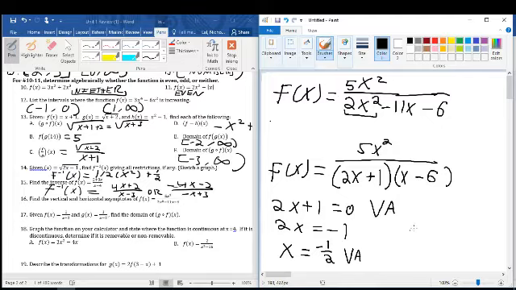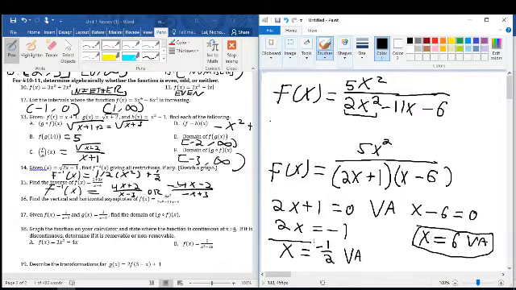And furthermore, x minus 6 equals 0 is another vertical asymptote. So x equals 6. Your vertical asymptotes would be at x equals 6 and x equals negative 1/2.